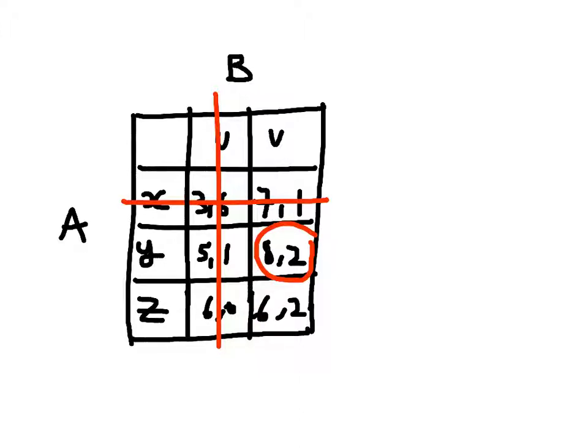Now, the assumptions that we need to be able to solve this game are, first of all, A's rationality, B's knowledge of A's rationality, and B's own rationality, in terms of taking into account that knowledge of A's rationality.